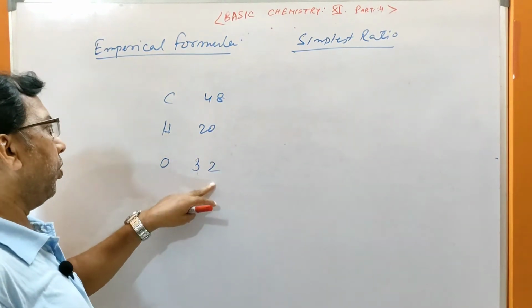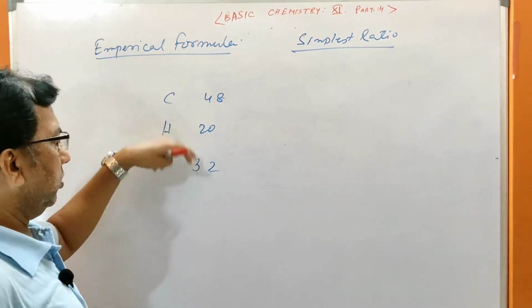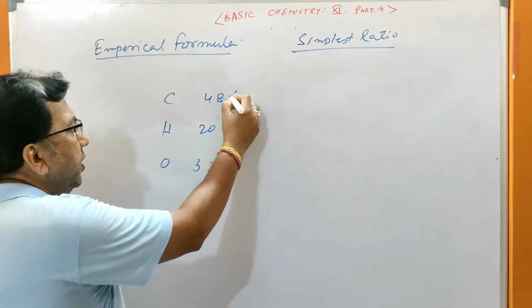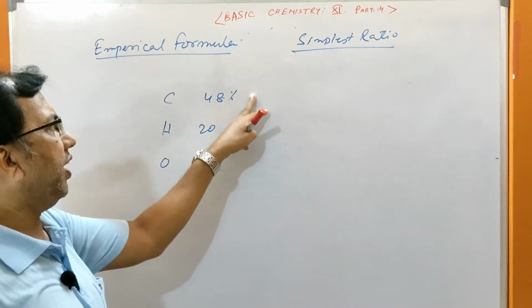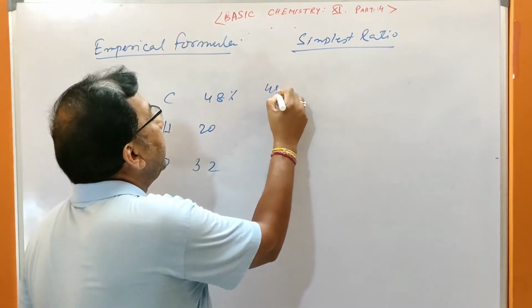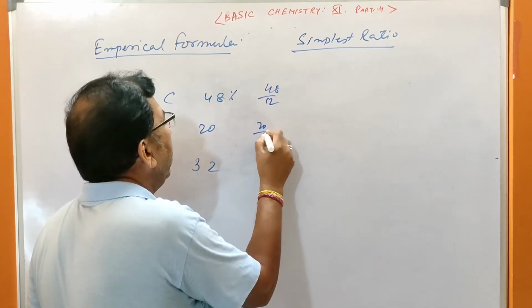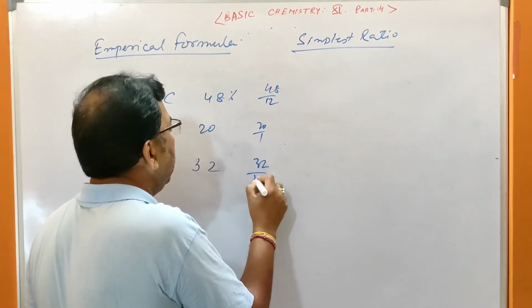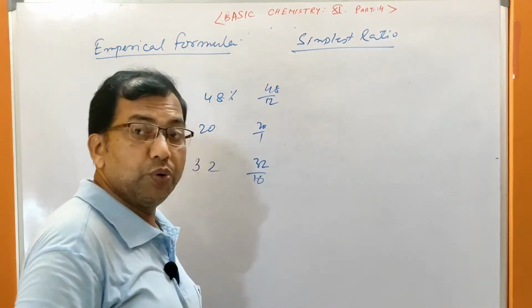This is in a compound. So first you have to divide the percentage by atomic mass. For this, the atomic mass: 48 by 12. For this, 20 by 1. For this, 32 by 16. Atomic mass, not molecular mass.